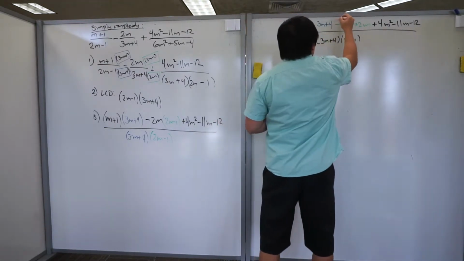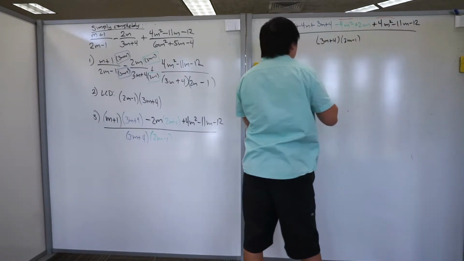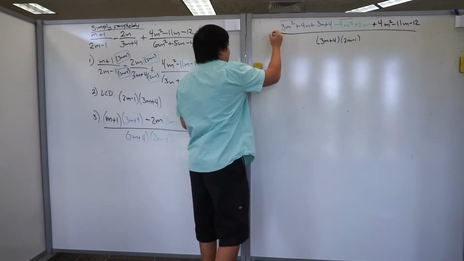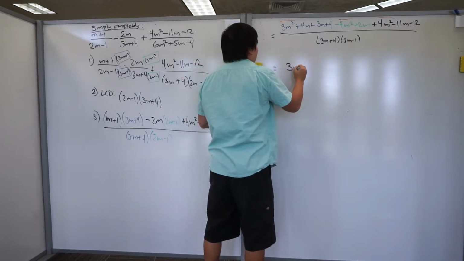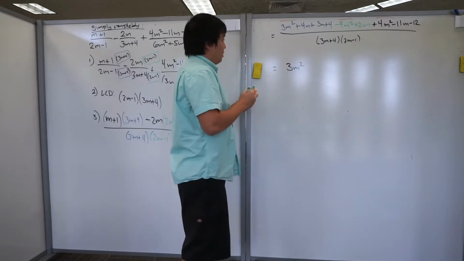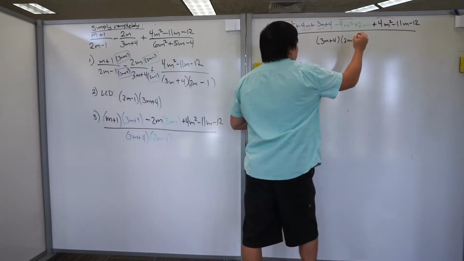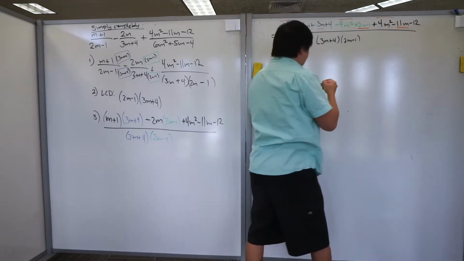Here's a square, there's a square, there's a square. The green one and the black one cancel, so you're just left with 3m squared. The m's are right there.